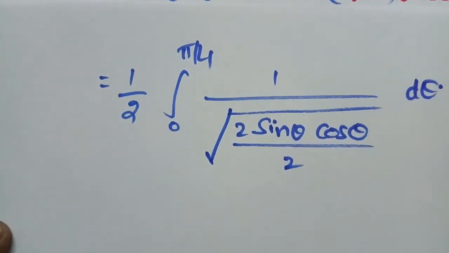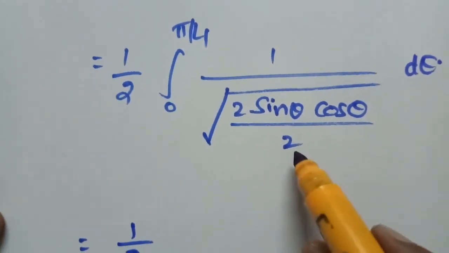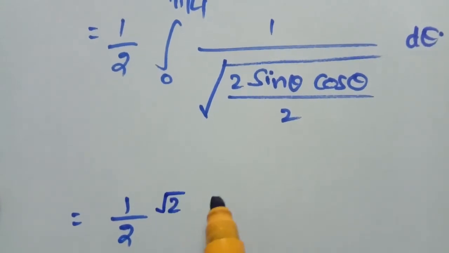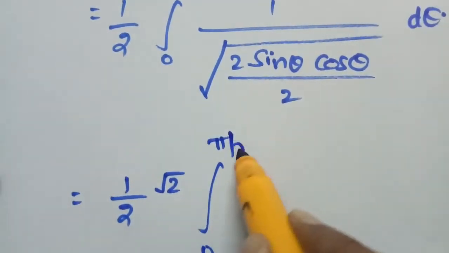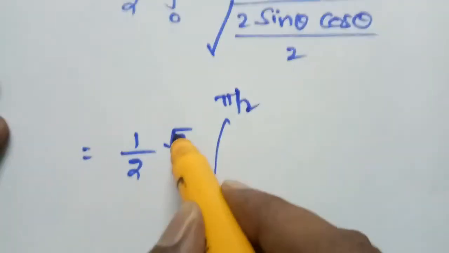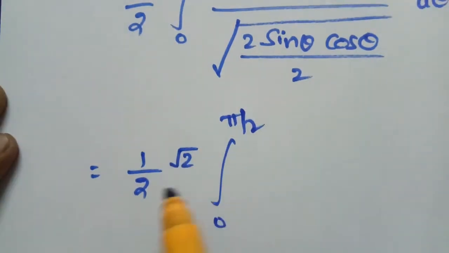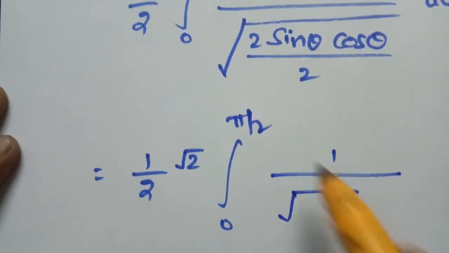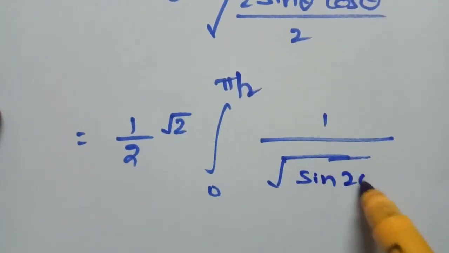Therefore this is equal to 1 by 2 into 1 by root 2. So that can be written as root 2 reciprocal, from 0 to pi by 4. This root 2 we write outside of the integration. So 1 by root 2 becomes root 2 by 1, and 1 by square root of 2 sin theta cos theta, using the sin 2 theta formula.